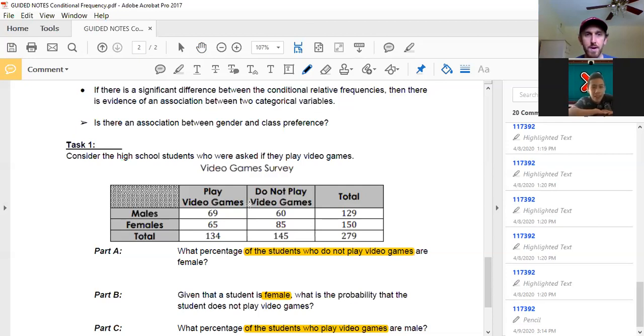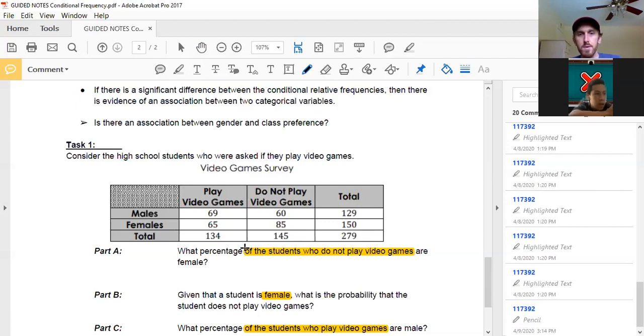All right, so in part A, it says what percentage of the students who do not play video games are female? So what is our condition? In order to find our condition, it is females and do not play video games. This is the tricky part. I highlighted it on mine for you. The first part of the question will give you the condition.